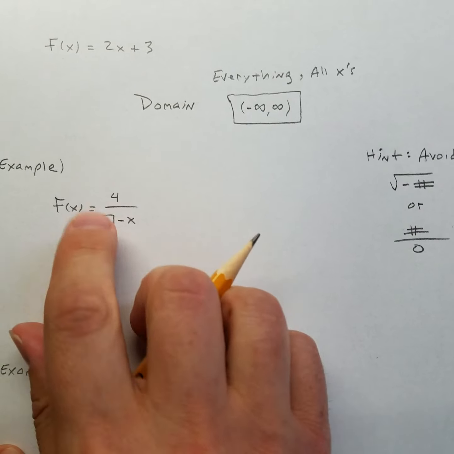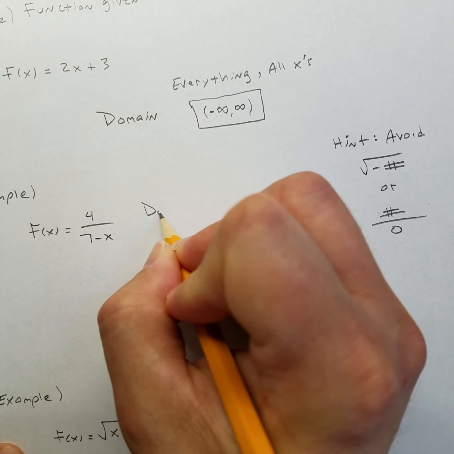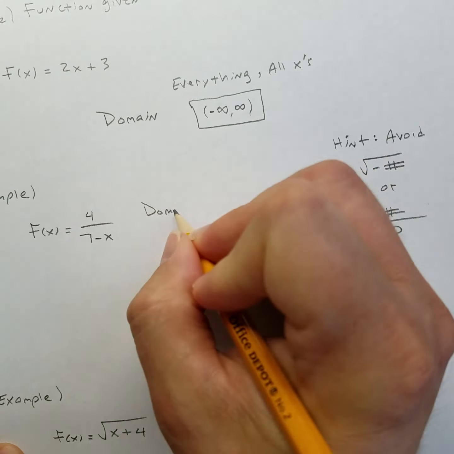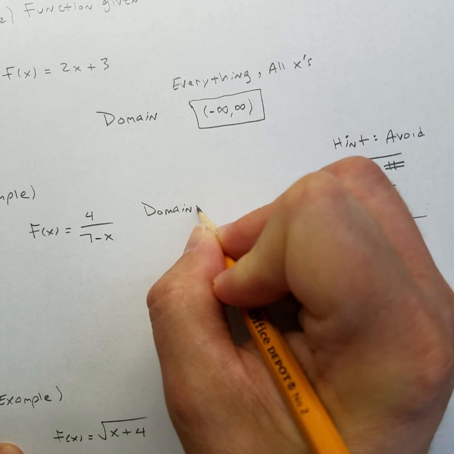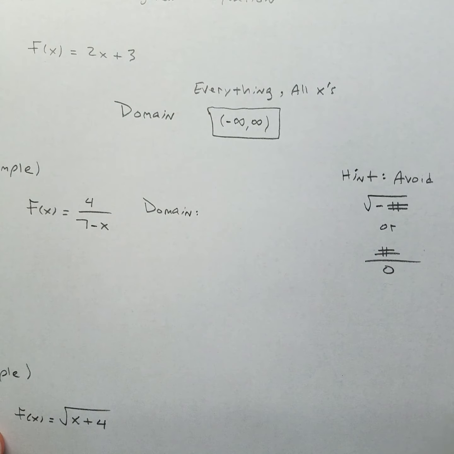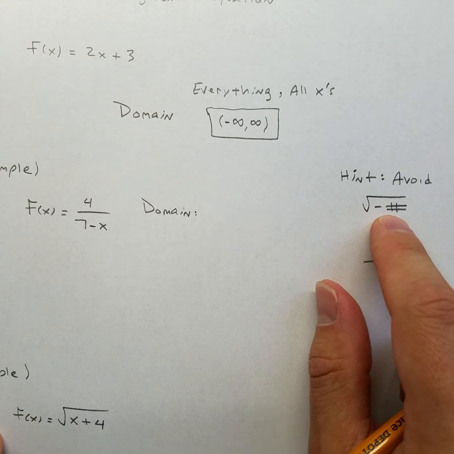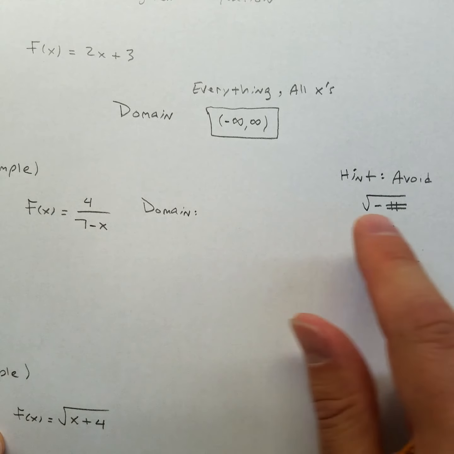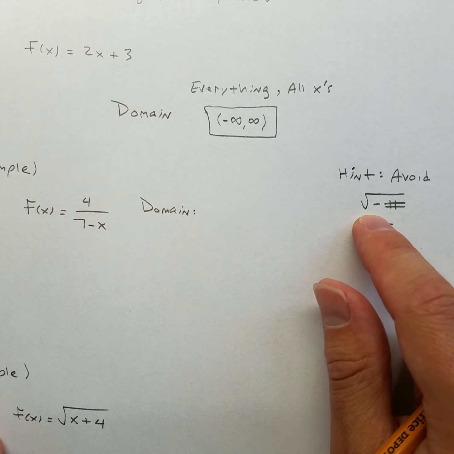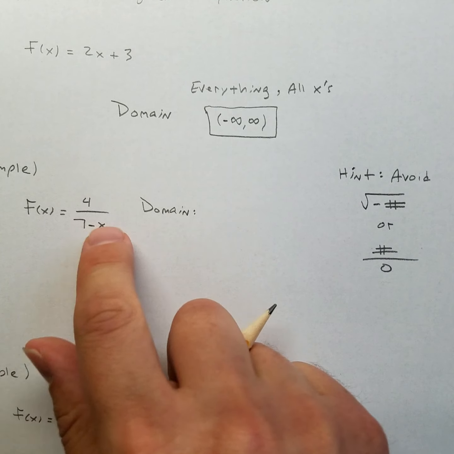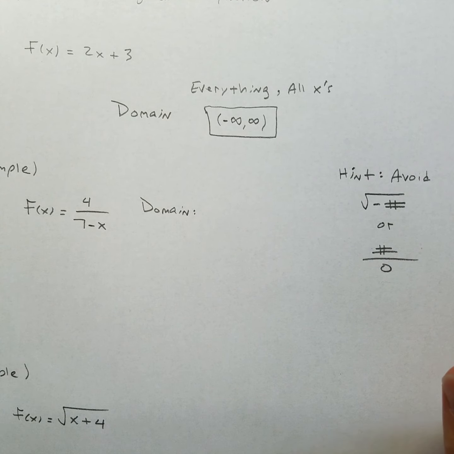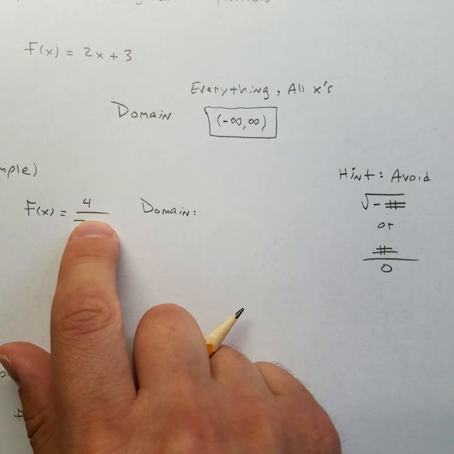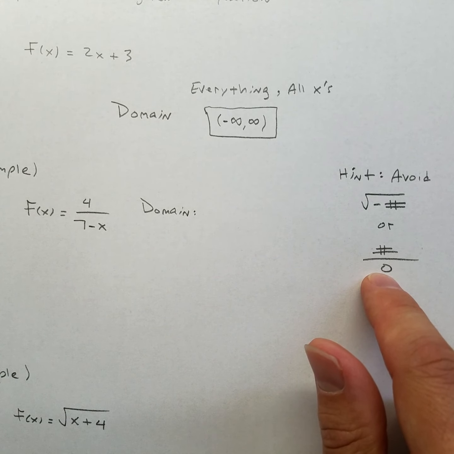So I look at this one and say that I want to give the domain, just like up there. Could this first thing go wrong? Could you in any way in that function end up having the square root of a negative number? There's not even a square root there, so I don't see how that could happen. It does have a division, and I suppose that we could run into this.